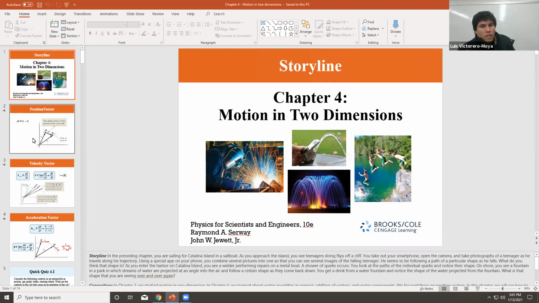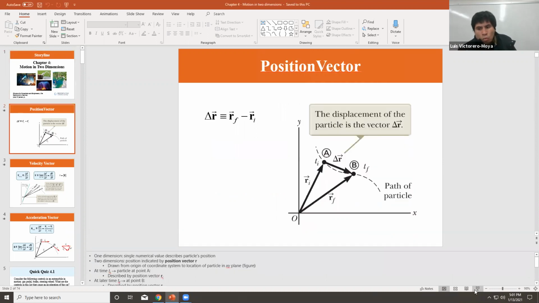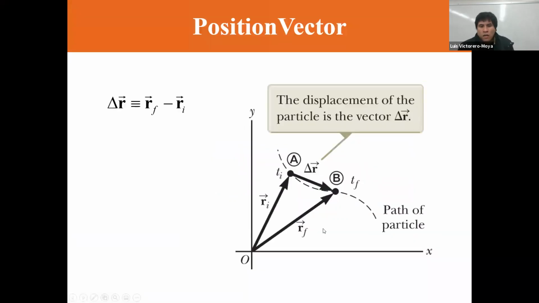Now, as you know already, we have position and displacement, right? That can be described as a vector, as you have in there. But now, we don't say delta x or x as a vector, or just unit vector i.